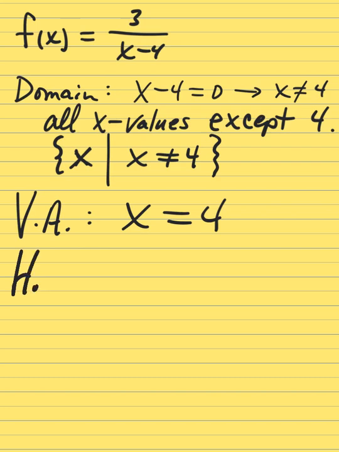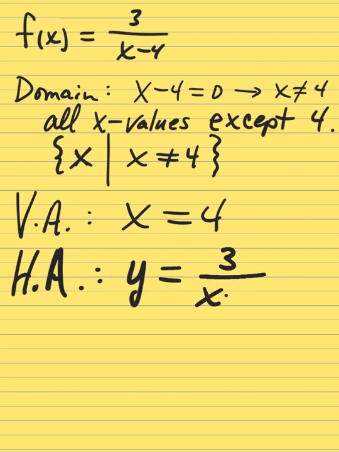Horizontal asymptote. For horizontal asymptote, remember that we compare the dominant terms from top and bottom. This one, there is no x in the numerator. There is an x in the denominator. So I'm going to recopy the function. Also think about this.